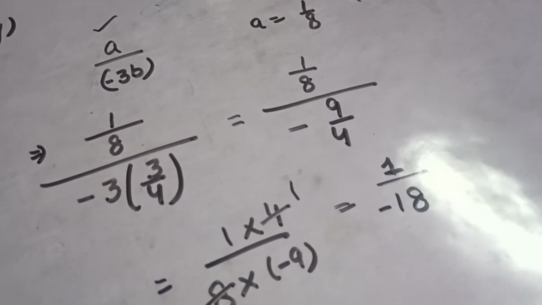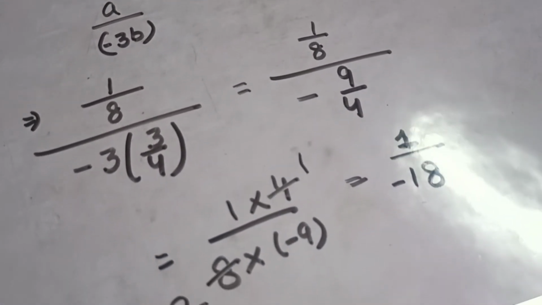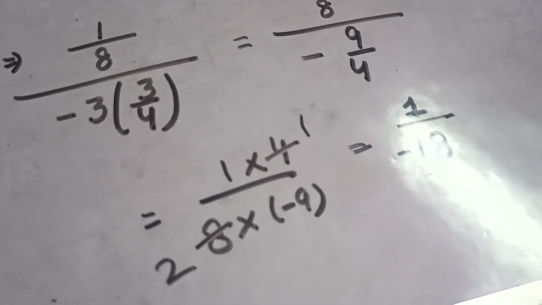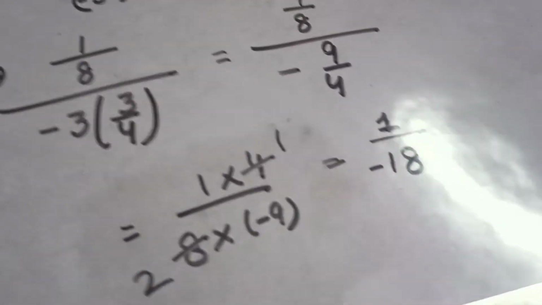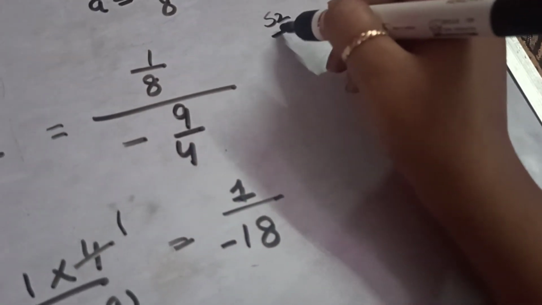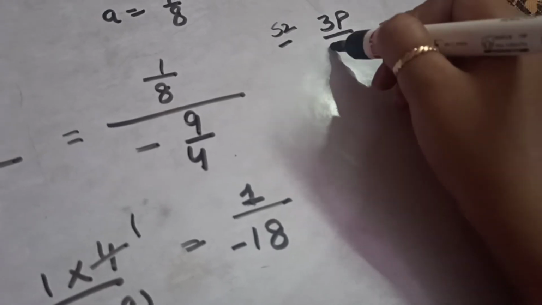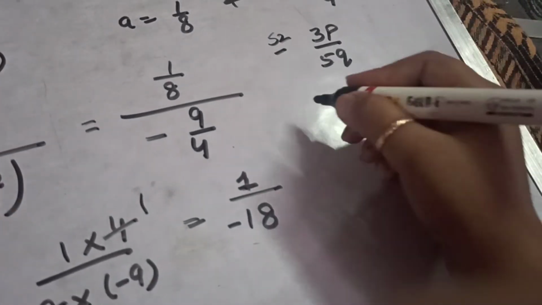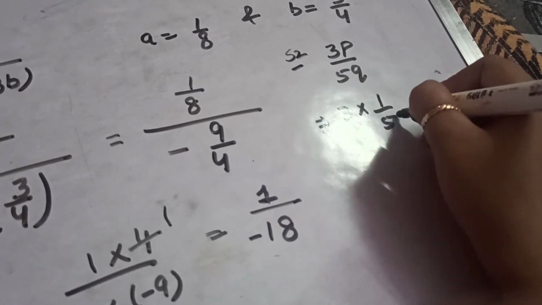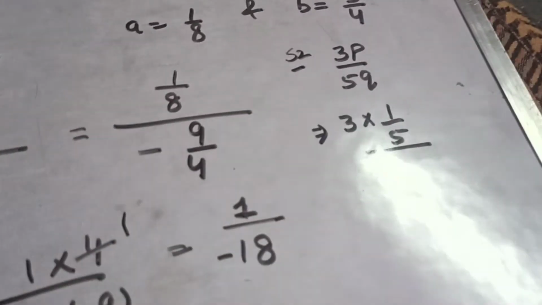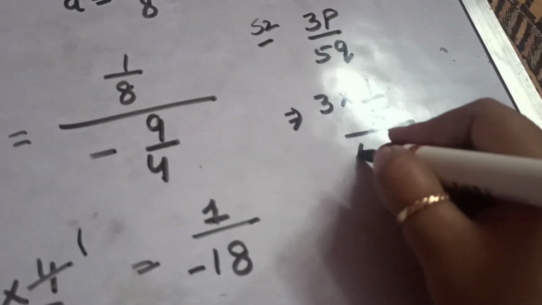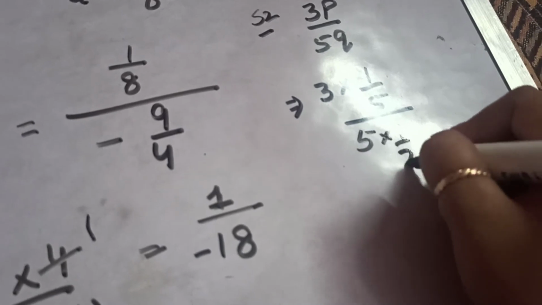Now same for this S2 and S3. The values are given there, right? Like this, see. S2 is 3p by 5q, right? The value of p is 1 by 5 and the value of q is 1 by 2, right?